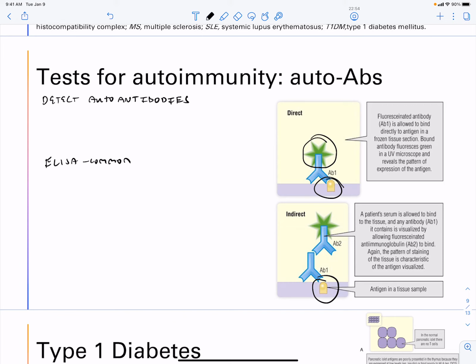You can also have an indirect, in which you take serum. This is mostly used in tissues, and this is a patient serum antibody. The serum antibody, of course, does not have a fluorescent label, so you have to use an indirect, where you give a second antibody that has the fluorescent label. So that's all the difference, really, which antibody is actually labeled.